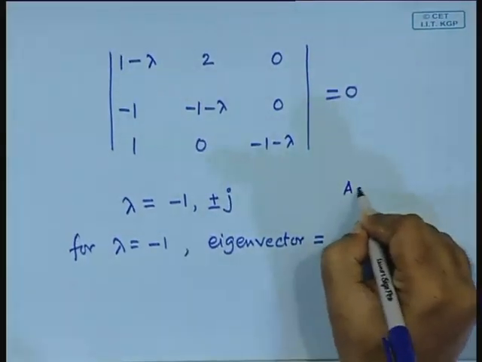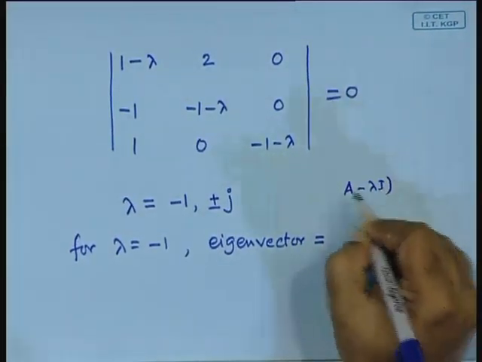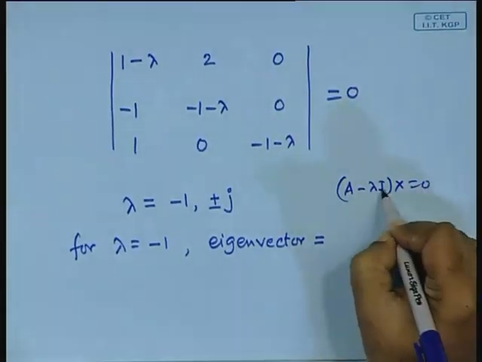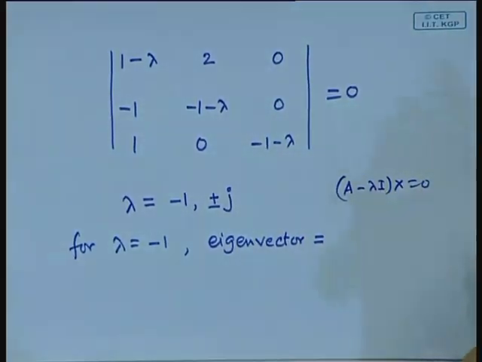A minus lambda I times x equal to 0. From here, what are we getting? Well, let me do it, since you seem to be a bit confused.